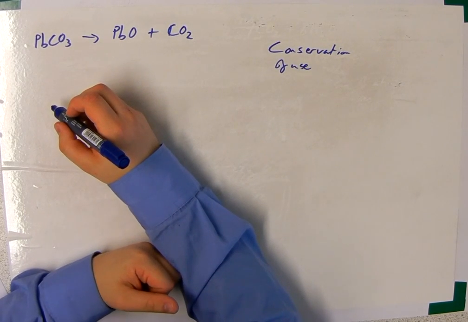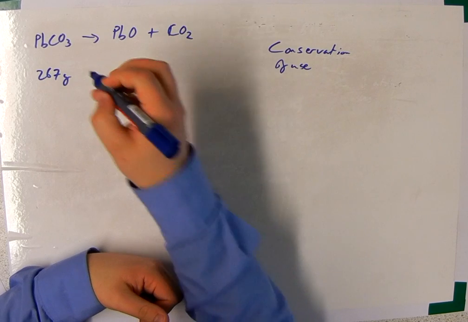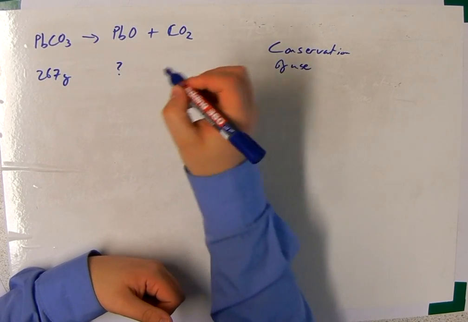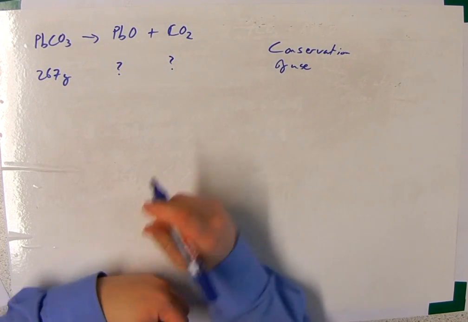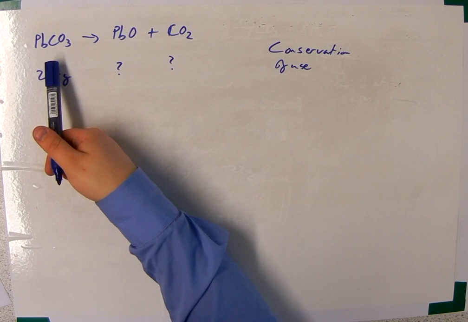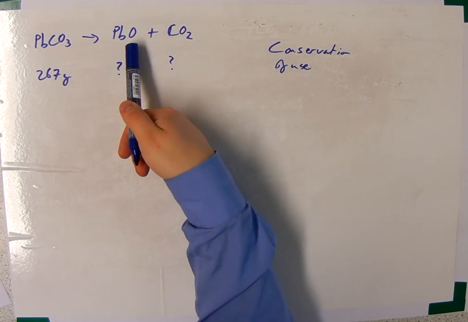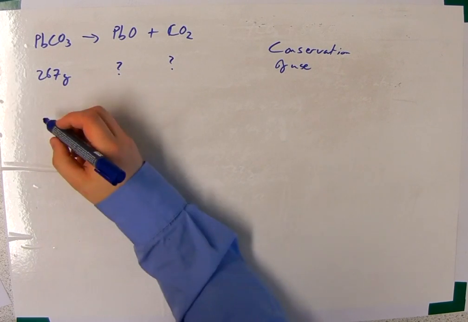And we know that we're going to heat 267 grams. We want to know how much of these we're going to make. This is a straightforward relationship. For every mole of lead carbonate, we're going to make a mole of lead oxide and a mole of carbon dioxide. So let's see what we get.